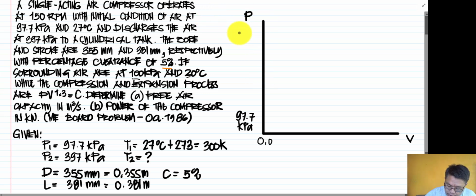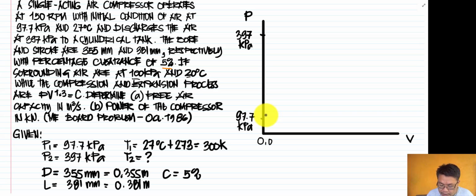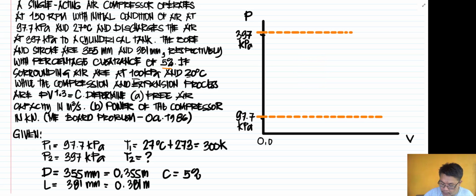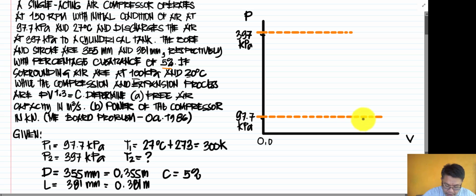Then for our P2, that is usually a higher pressure, so it will fall higher up. Assumingly this is 397 kPa at this point. We don't have to put it on graphing paper, this is just to represent how our PV diagram will look.